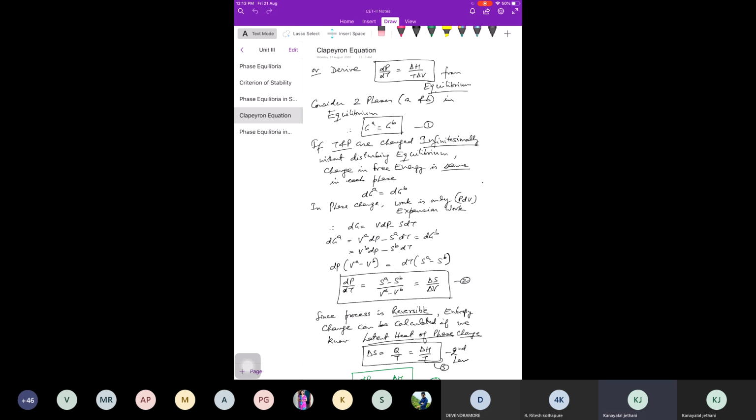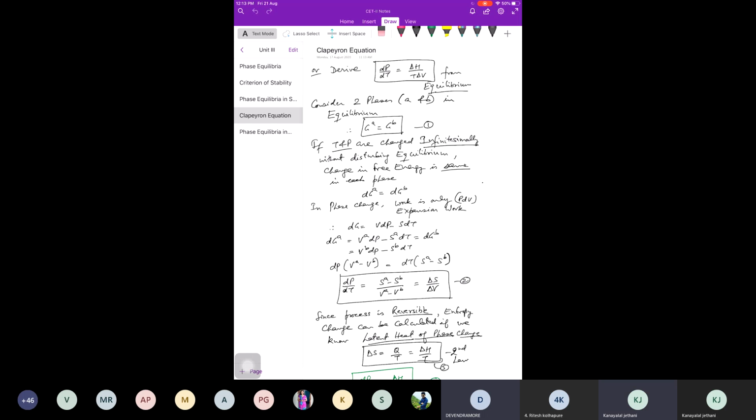System का total dG is equal to zero. We are talking about two phases which are part of the system. So it is not zero for each phase separately. It is zero for the entire system which is closed. सर क्योंकि हमने इधर सब्ट्रैक्शन किया ना, SA minus SB.